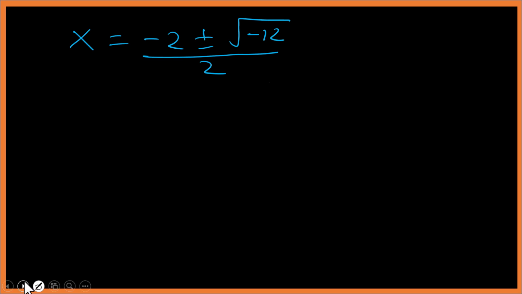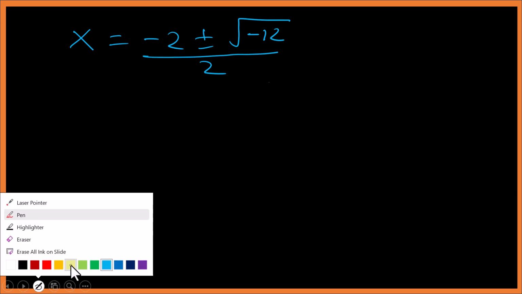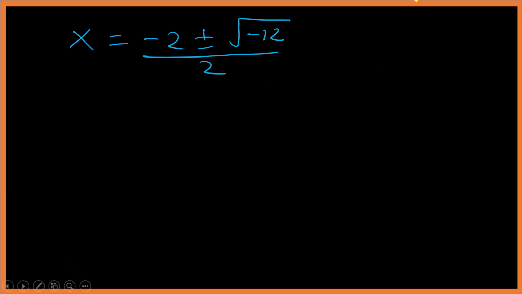Okay, now let's see how we can solve this. Now remember, square root of -1 is the same as i from complex numbers. It means that i squared is -1.